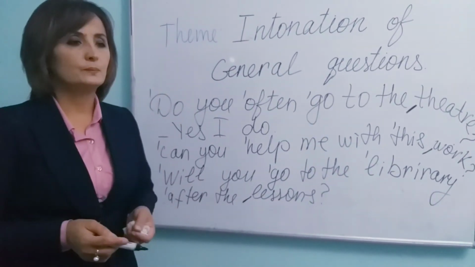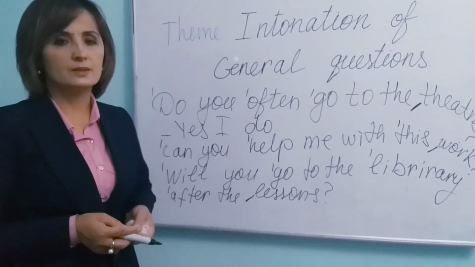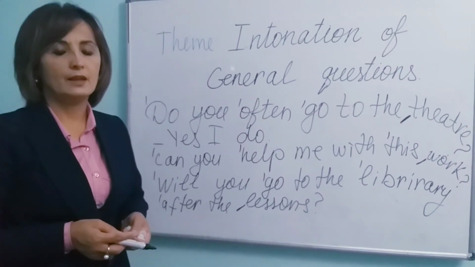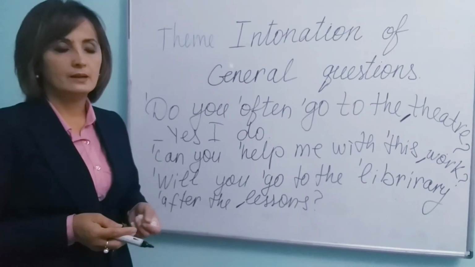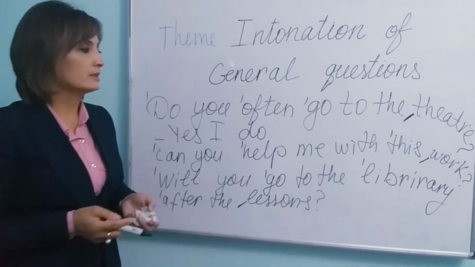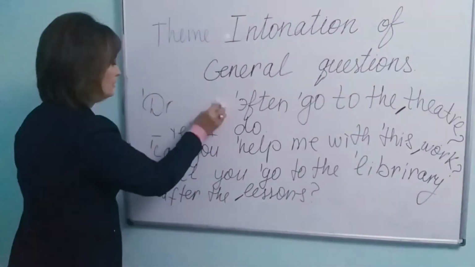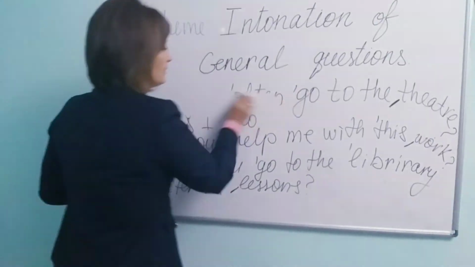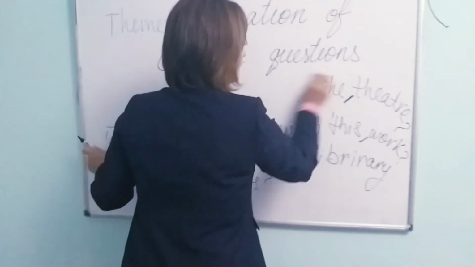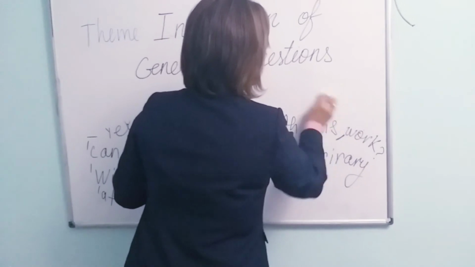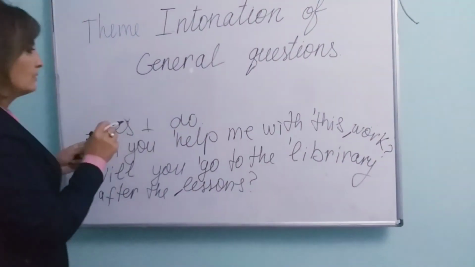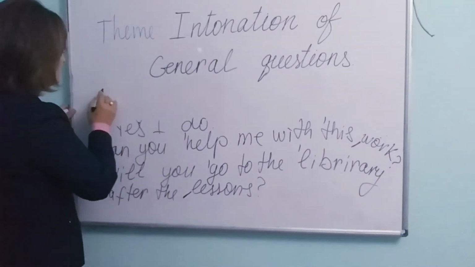For example, have you got something in your eye? As you can see, the structure of the sentence is a general question, but we have pronounced it with the low falling nuclear tone because the speaker is not so interested in the response here.